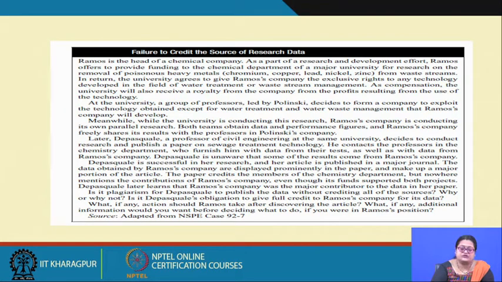As compensation, the university will also receive a royalty from the company from the profits resulting from the use of the technology. So, that was the understanding between Ramos's company and the university. At the university, a group of professors led by Polinsky decides to form a company to exploit the technology obtained, except for water treatment and water waste management, that Ramos's company will develop.